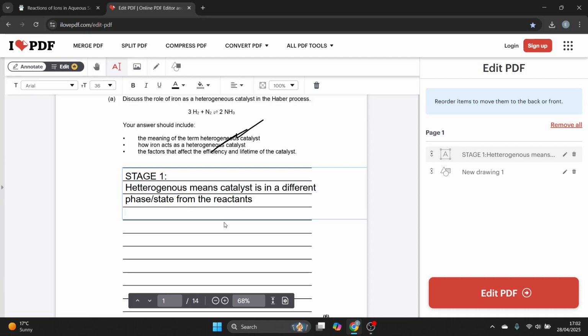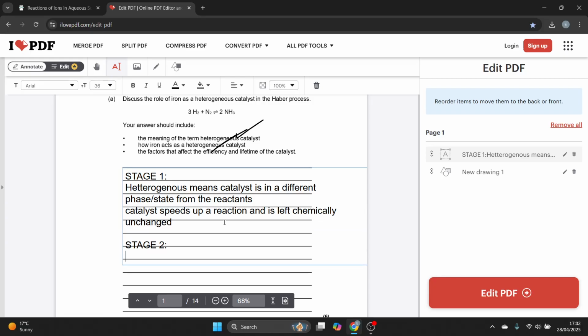What the catalyst does is speeds up a reaction and is left chemically unchanged. Okay, stage 2.